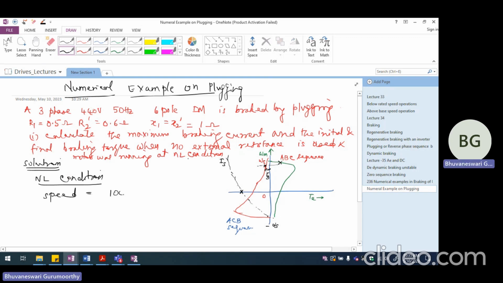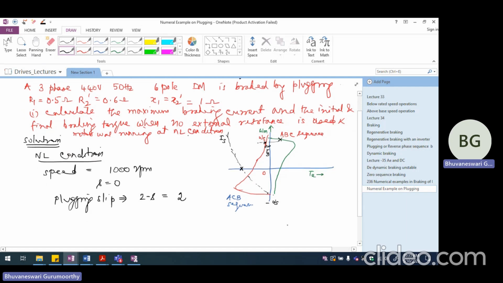Speed is going to be 1000 rpm and slip is going to be 0. So plugging slip, if I change the phase sequence from ABC to ACB, that is going to be 2 minus S. So this is going to be 2 itself. The slip is going to be 200% or 2.